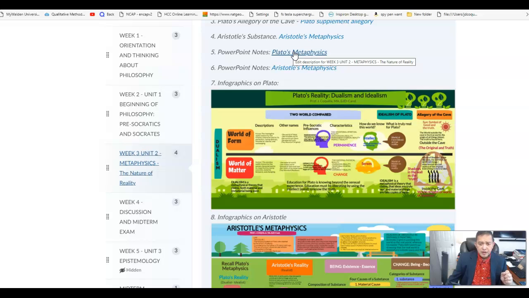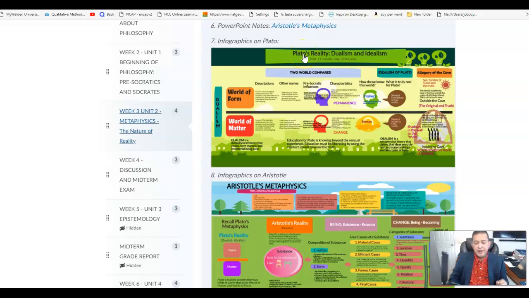So, if you look at the infographics in front of you, there is a divided line. Look at the black portion there. That's the divided line. Now, it says on the extreme left, dualism. If you can see that word dualism here, there it explains these 2 worlds, world of matter, world of form.